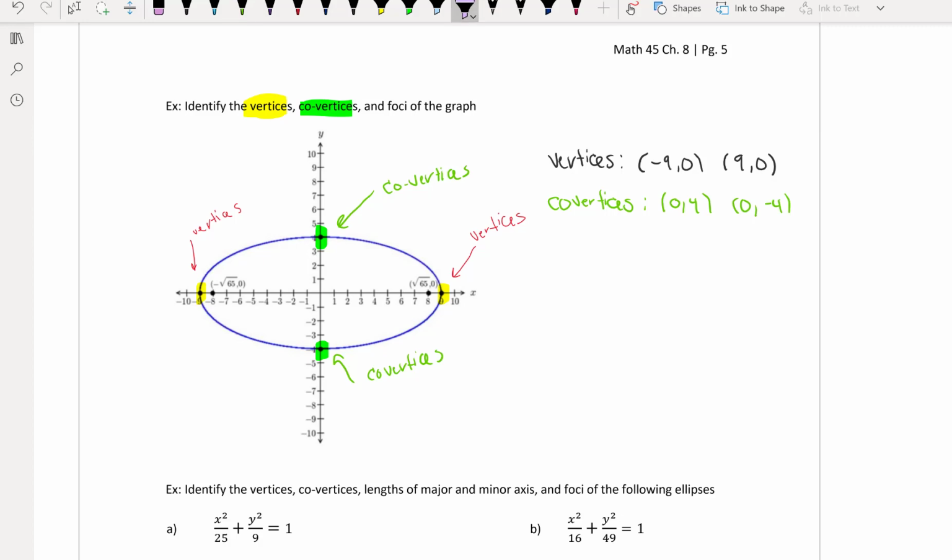So the last thing that I want to talk about is the foci. So the foci is going to be the one slightly near your vertices. So this would be your foci. So it's not on the edge, it's more on the inner part of your graph.